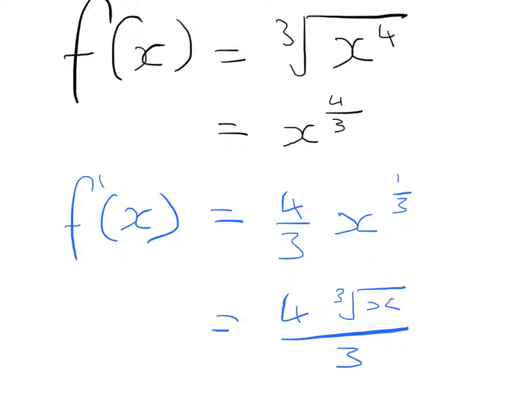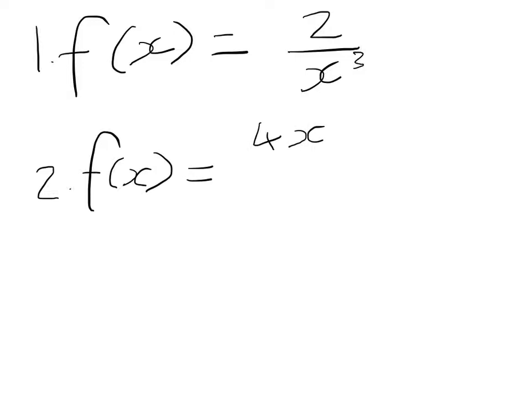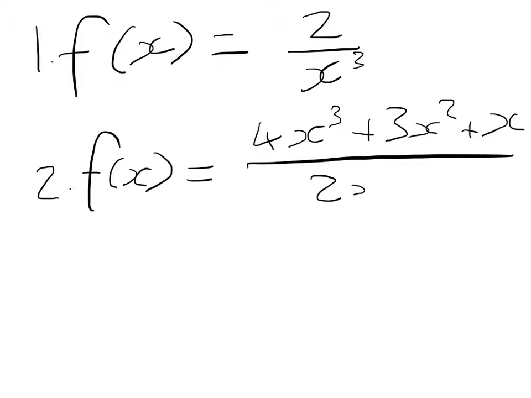Okay, let's have a look at 3 questions from that. The first question, question 1, f of x equals 2 over x cubed. Question 2, f of x equals 4x cubed plus 3x squared plus x all over 2x squared.